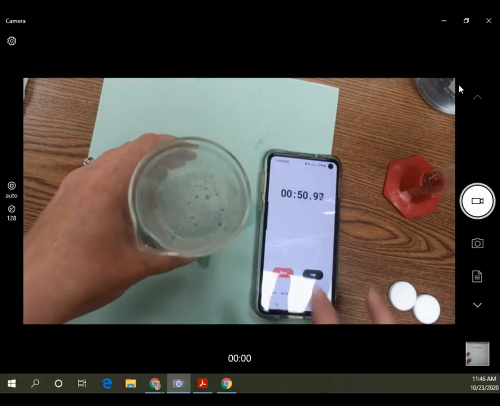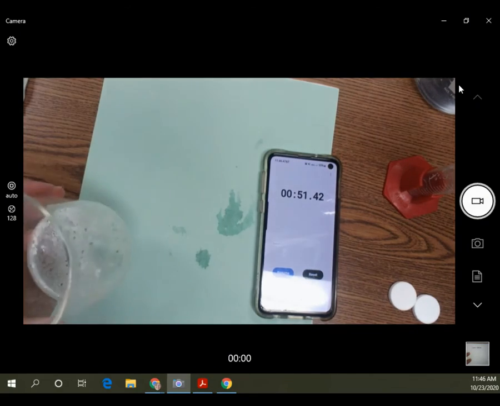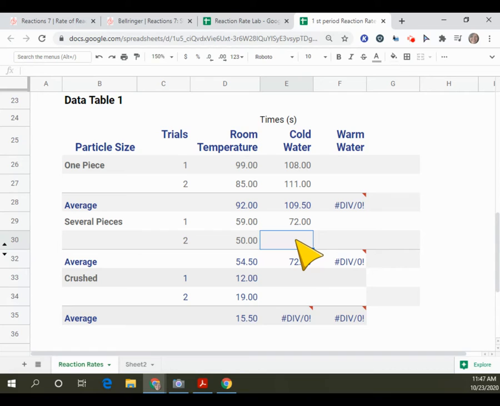Okay, we're good. All right, so that one was 51. That was a lot faster. Maybe we had smaller pieces. It's kind of hard to judge. So let's go ahead and type in 51 seconds. All right, we're still averaging more time with the cold water than with the room temperature.